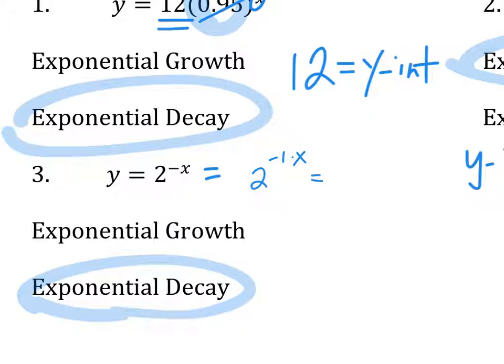It is the same as saying 2 to the negative 1 to the x. And kind of going backwards from last chapter. So this is the same as 1/2 to the x. So then the base is actually 1/2, which means it's going to decay.